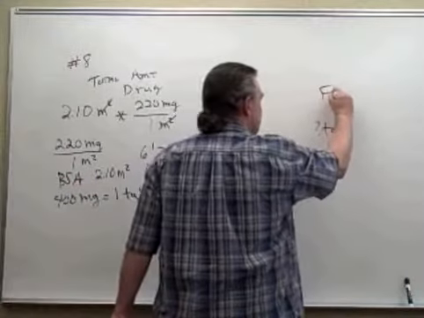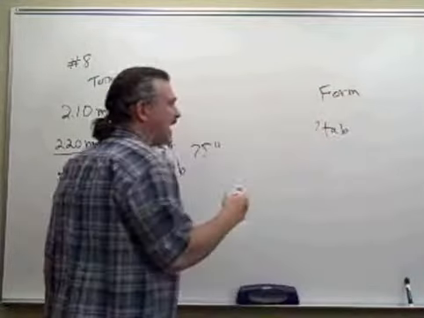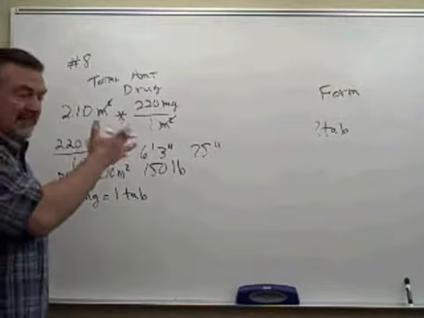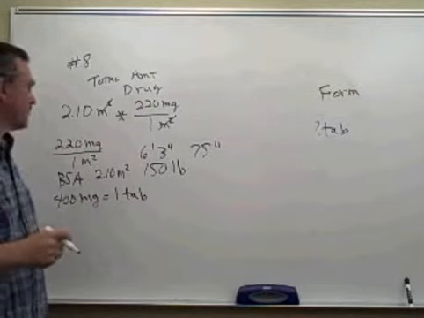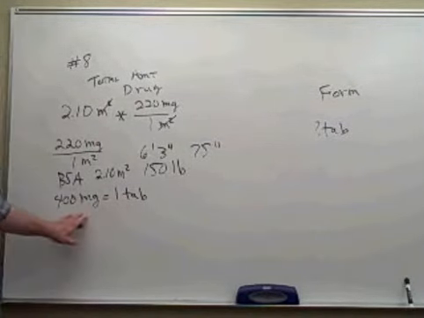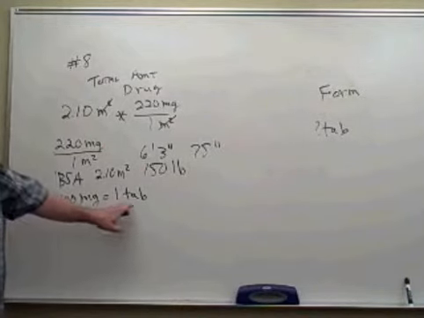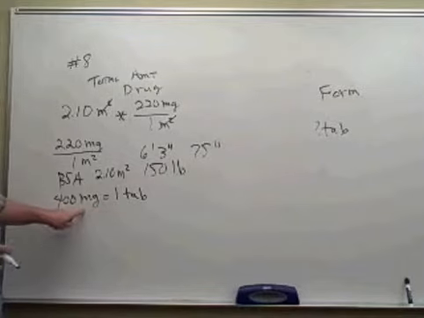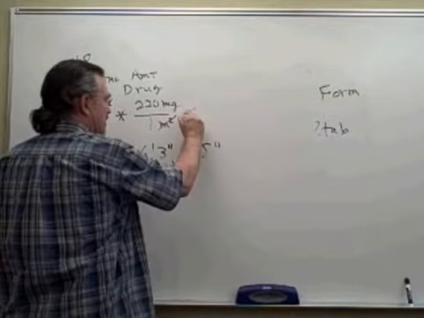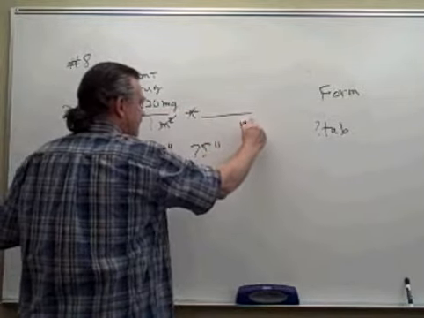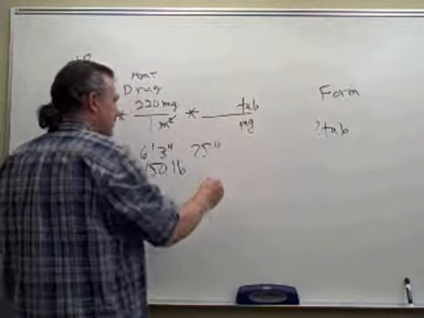Now we just need to figure out how many tablets we would give them. Here's what relates milligrams to tablets: 400 milligrams or 1 tablet. I want milligrams to cancel the milligrams here in the numerator, and I want to end up with tablets.